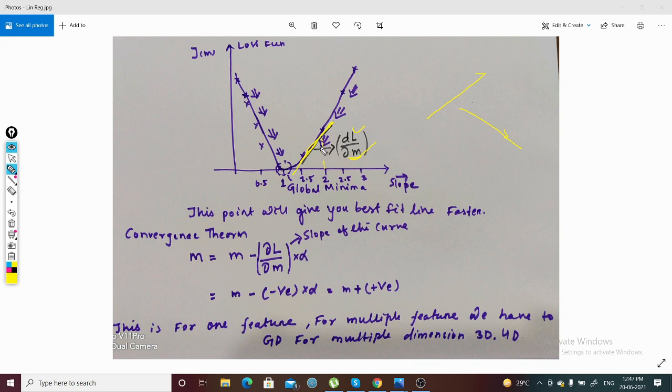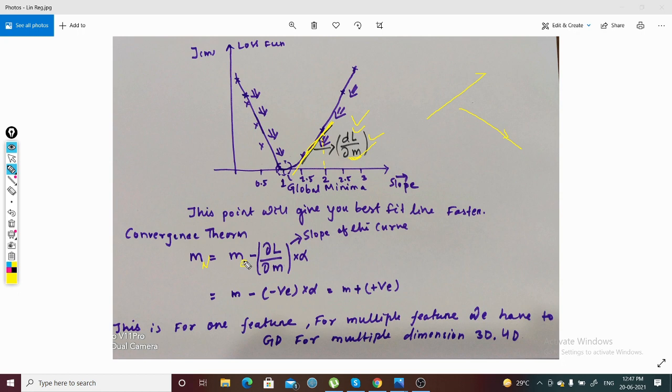If we get this particular tangent value, or you can say this derivative value, it will be some positive value, right? If this value comes out positive, we plug it into this formula to find the new slope value.